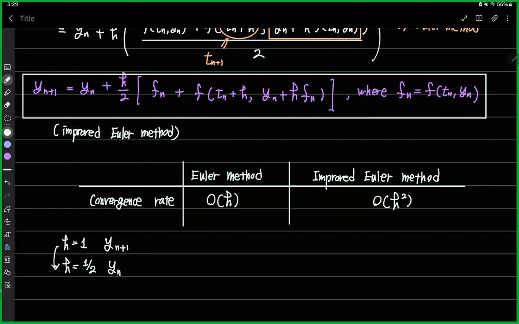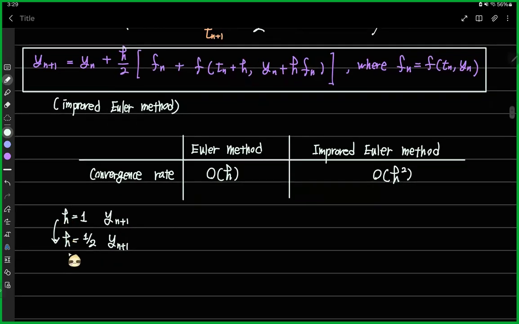Then the error will be decreased by 1/2. So h is decreased by half, accuracy increases twice, which means the error is decreased by 1/2. That's big O of h.